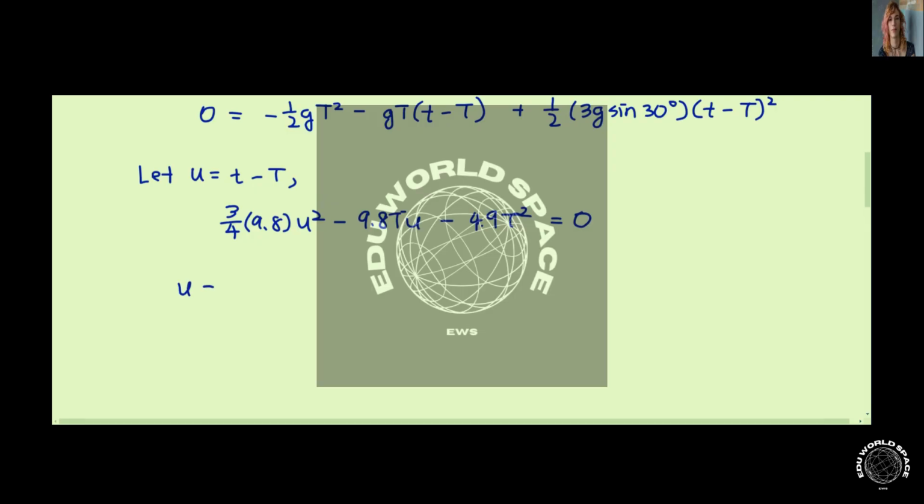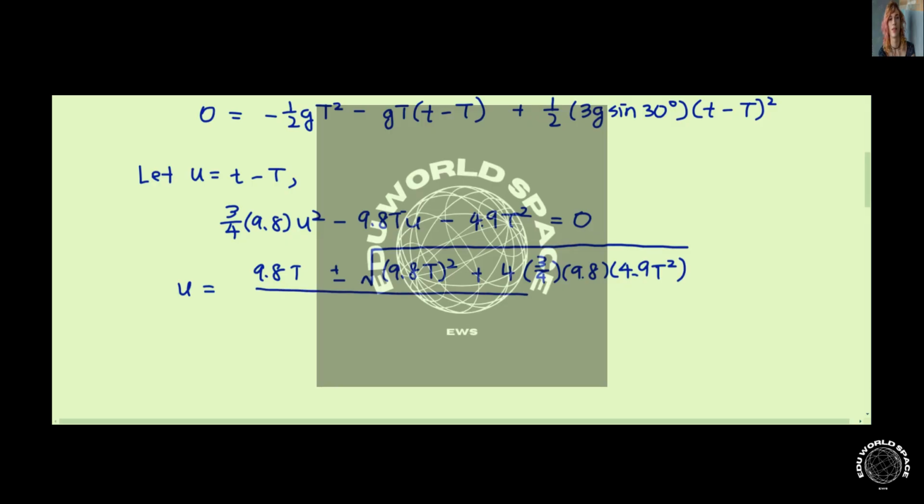So u is equal to 9.8 t plus or minus the square root of (9.8 t) squared plus 4 times 3/4 times 9.8 times 4.9 t squared, since c has a negative sign, so it becomes a plus, divided by 1.5 times 9.8, which is 2a.